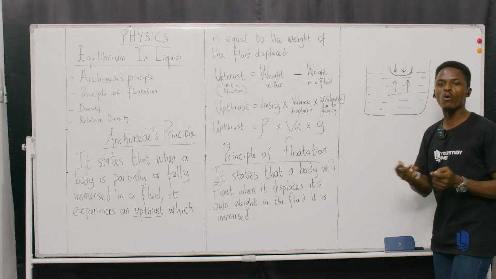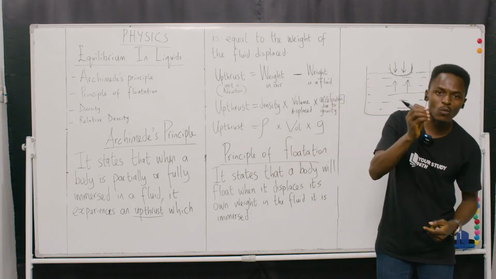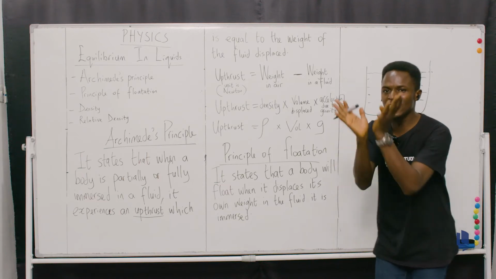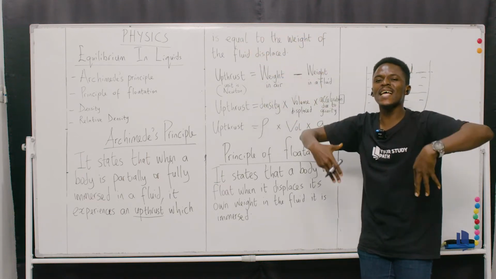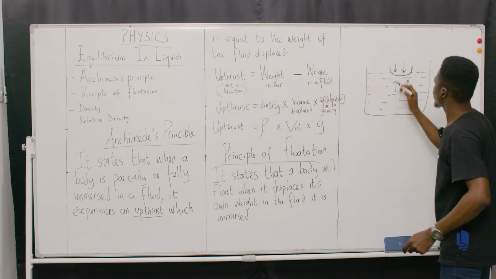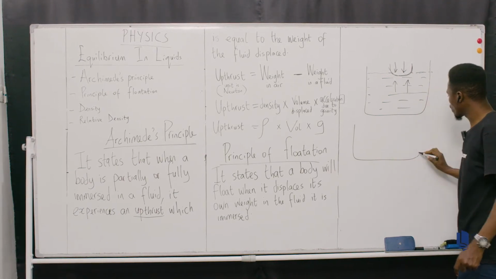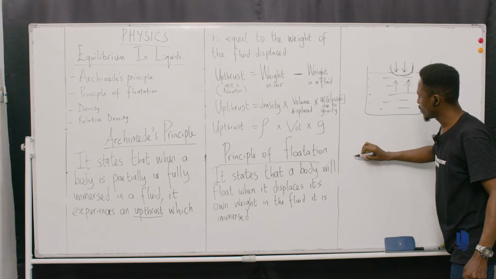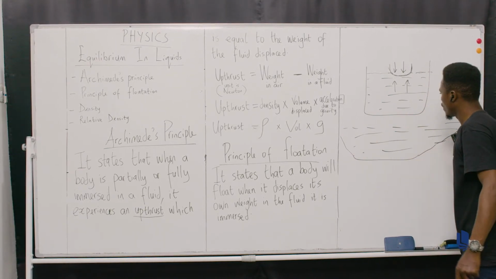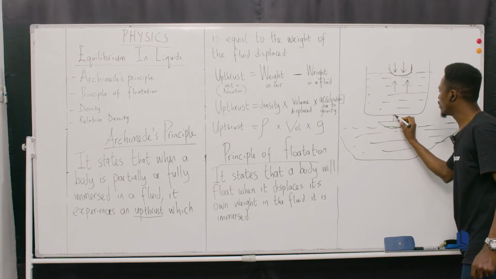It is on the principle of flotation that ships move on water. The reason why ships will never sink is simply because each is displacing its own weight inside the water where it is resting on. And check it out. For a ship, for example, let's assume we have our water body, and we have our beautiful ship, like this with the mast.